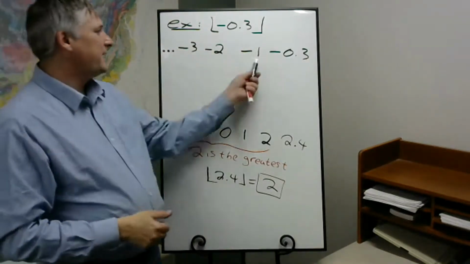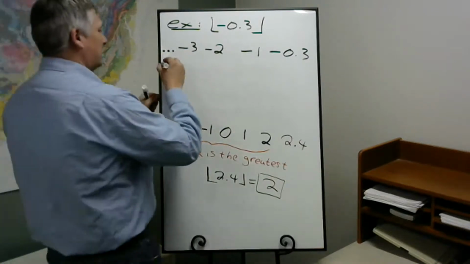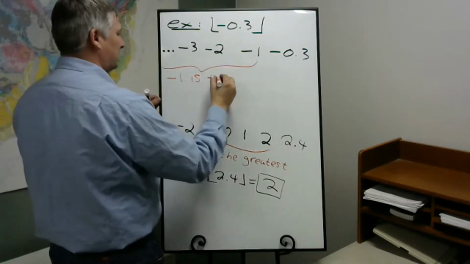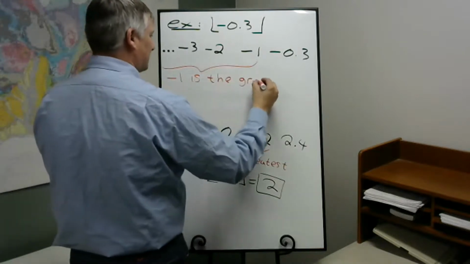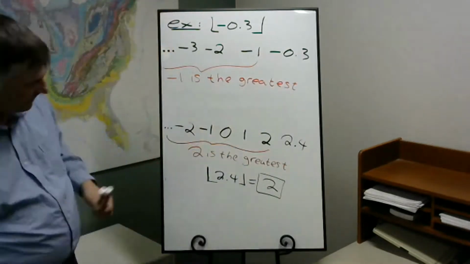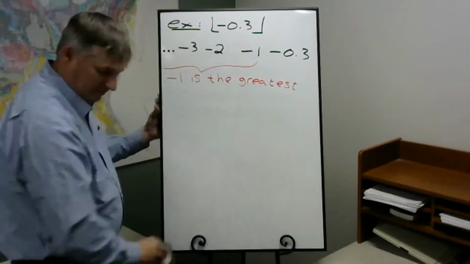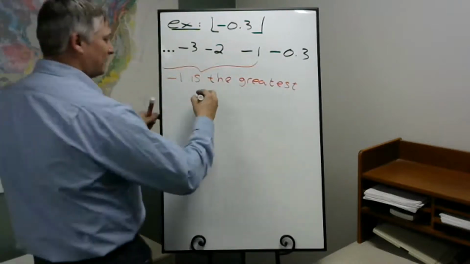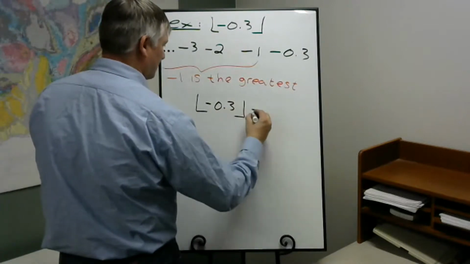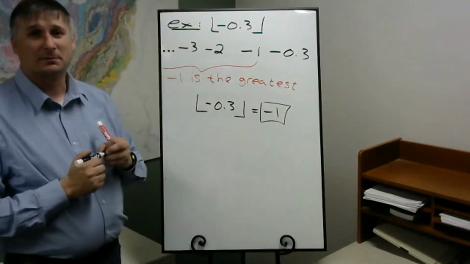So we have -1, -2, -3, and they just keep on going. But of these integers, -1 is the greatest. So that means that's going to be our answer.